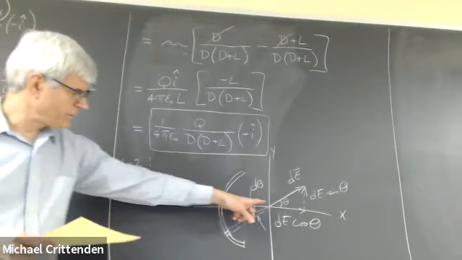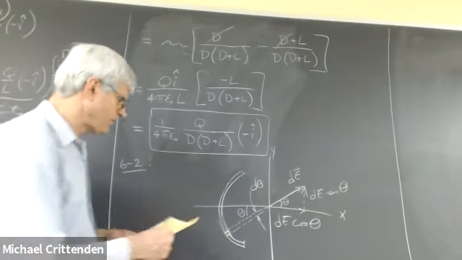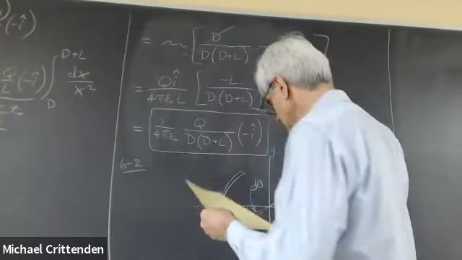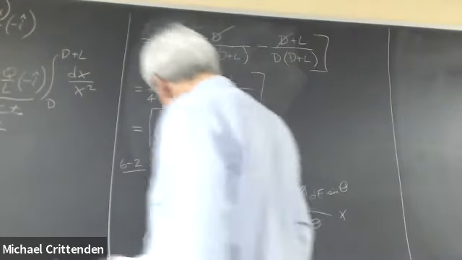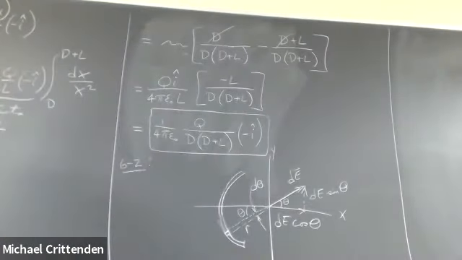R is the distance from the origin to this piece. That'll be the same for every piece on the rod, because the point where we're finding the field is at the center of the semicircle.